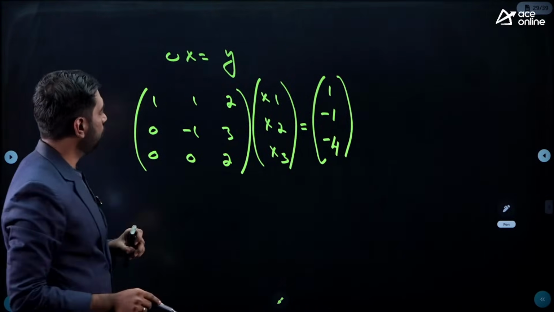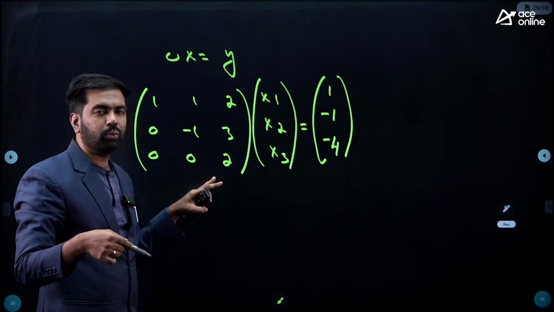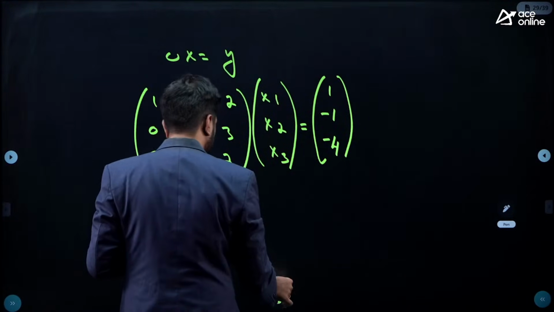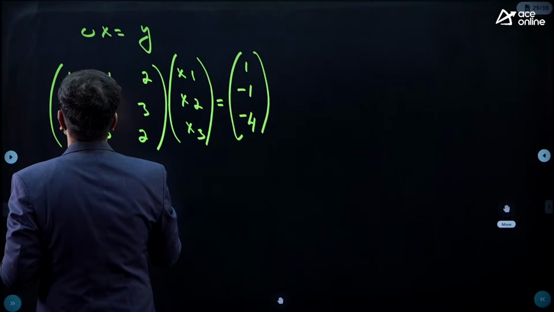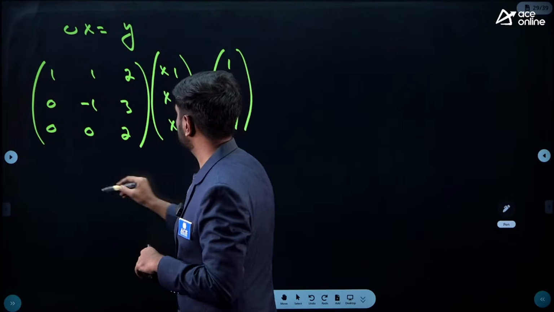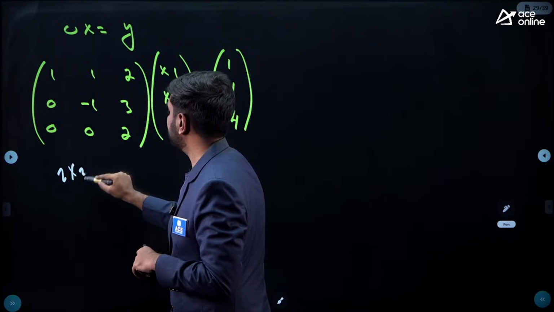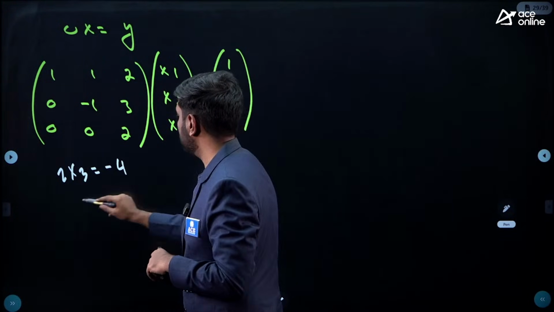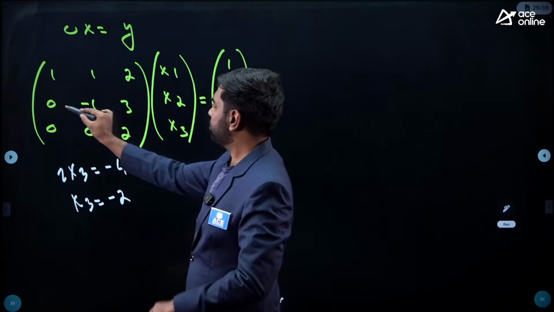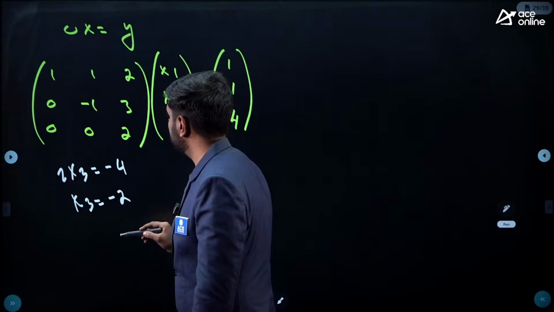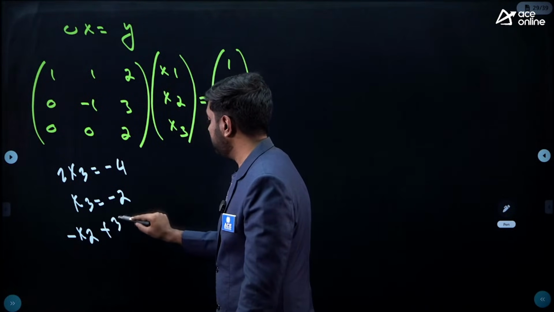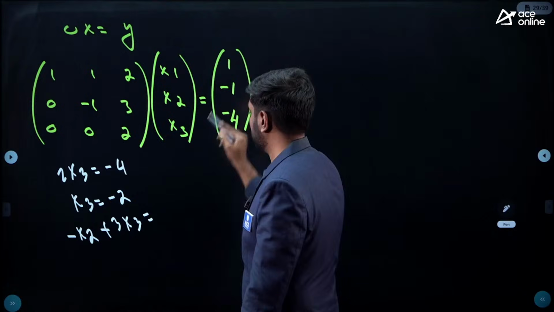While solving Ux equal to y, we use the backward substitution. That is, we first multiply this with this. So let's see what do we get. Multiply this with this. So this gives 2x3 equal to minus 4. The value of x3 is minus 2. Now take this row, multiply with this. So what do you get? It is minus x2 plus 3x3 equal to minus 1.